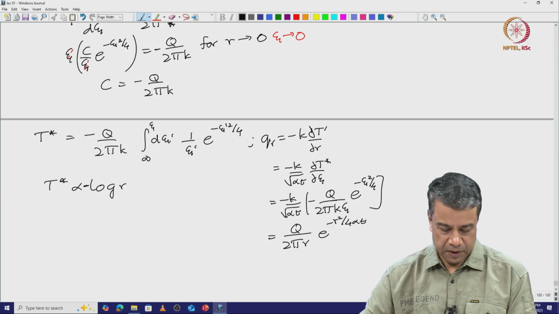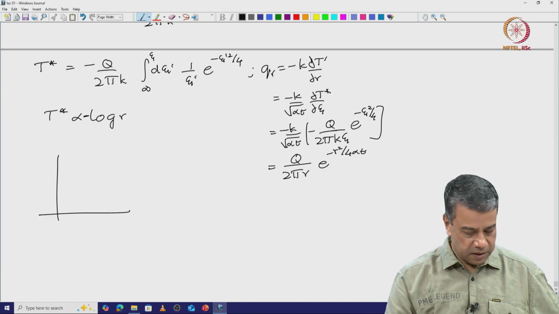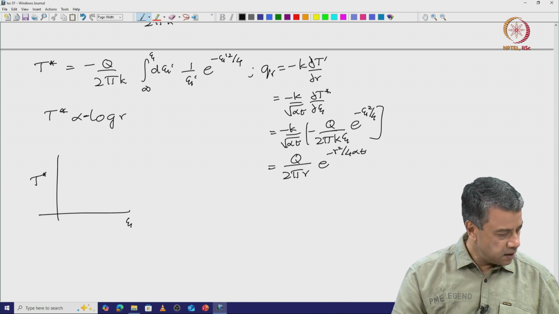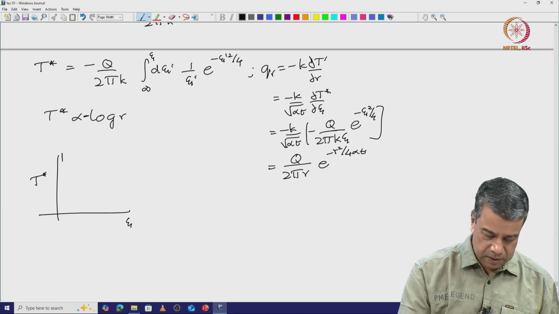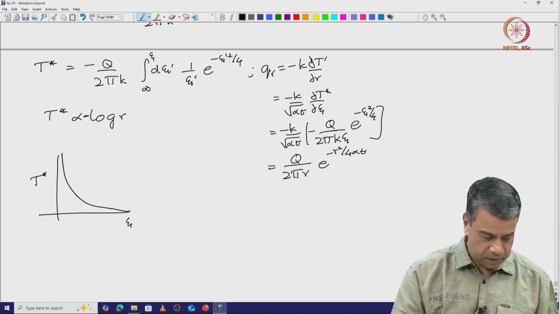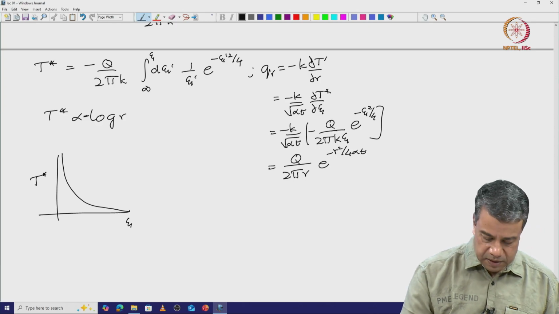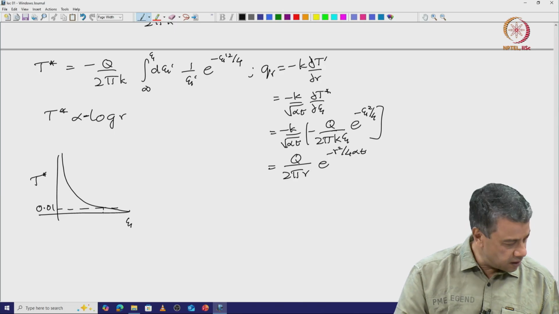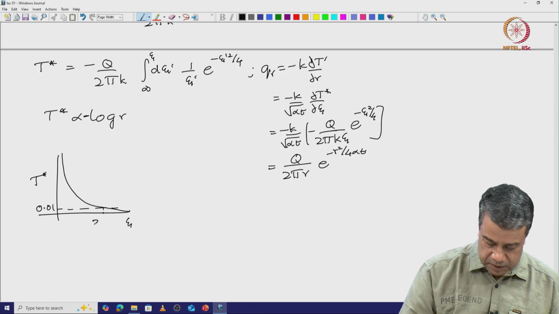So, if I plot the temperature as a function of radius, T star as a function of psi, I get something that decreases quite rapidly, decreases below about 0.01 for psi approximately 3.26.